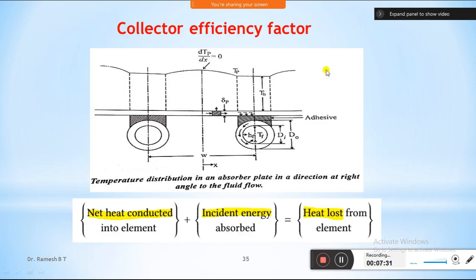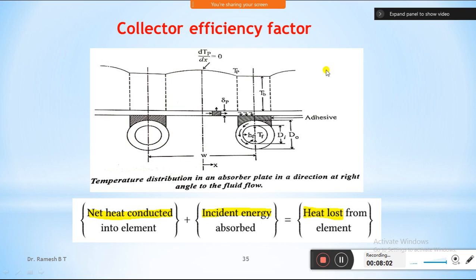So based on this, we are going to discuss the collector efficiency factor, and here we calculate the overall efficiency. In the previous class we discussed the overall heat loss coefficients, that is U, UL, UT, UB, the side, bottom and top losses.